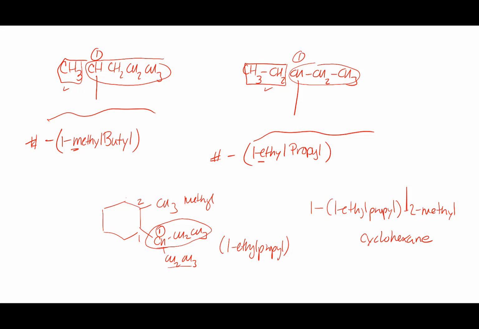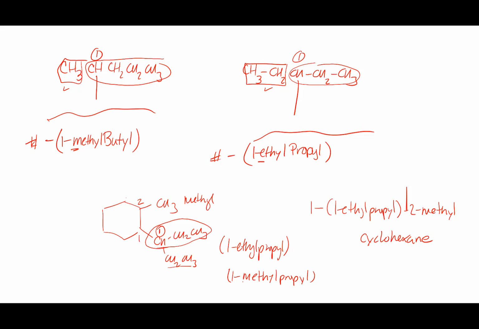What if it was a 1 methyl propyl? If it was a 1 methyl propyl, good question. So if it's a 1 methyl propyl group, which comes first, methyl propyl or methyl? In alphabetization rules, it would be methyl.